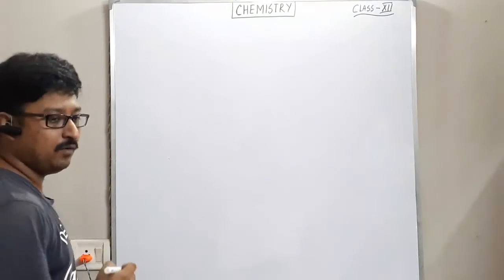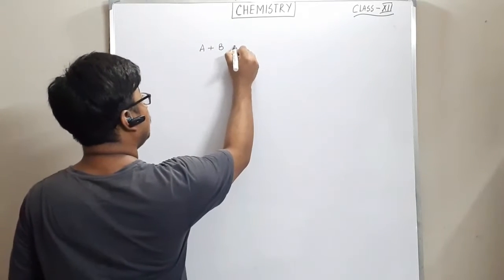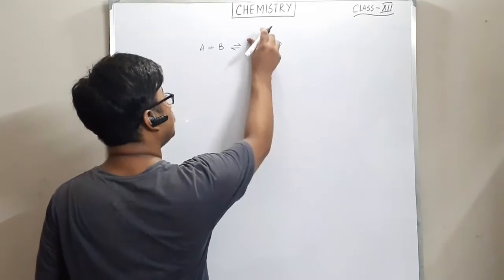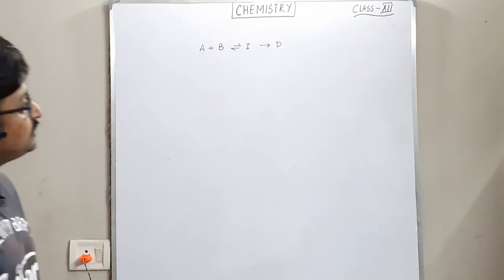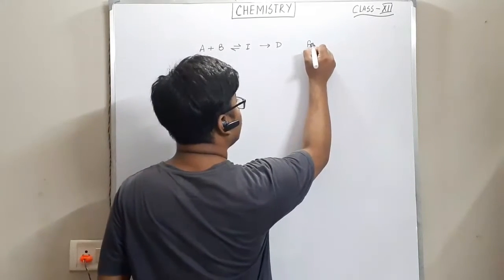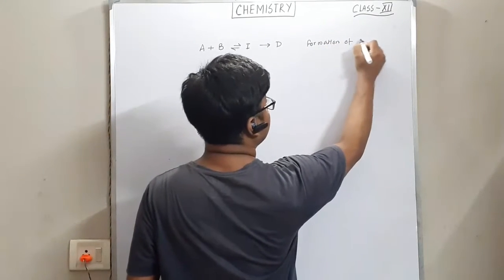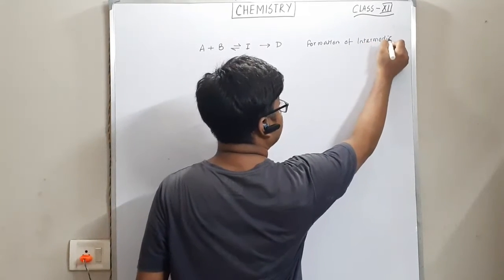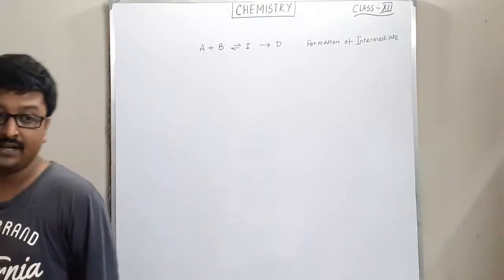Take a simple reaction, let's say A plus B gives you I, and then I gives you D. This reaction is basically followed by the formation of an intermediate.